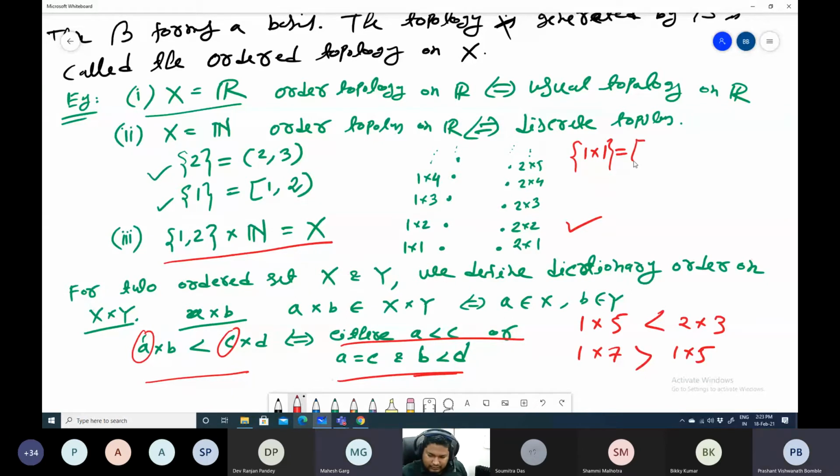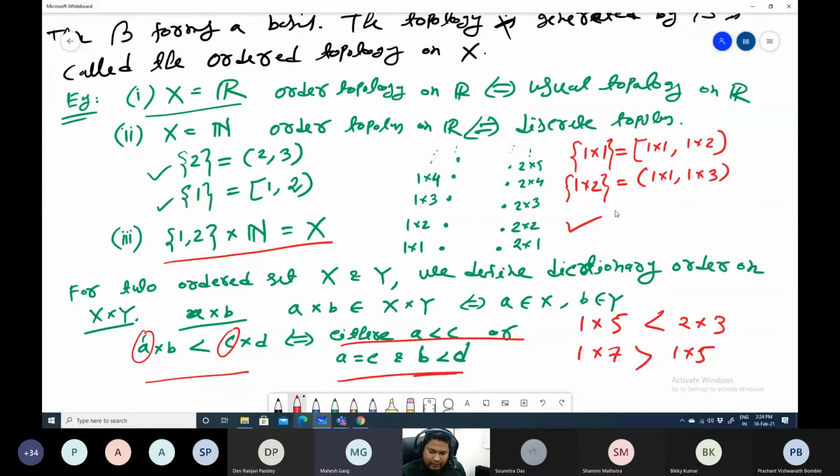It comes from the second property: 1 cross 1, comma 1 cross 2. Now what is my 1 cross 2? Open interval 1 cross 1, comma 1 cross 3.